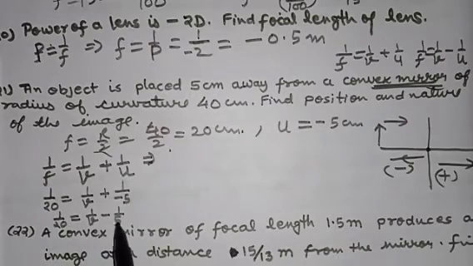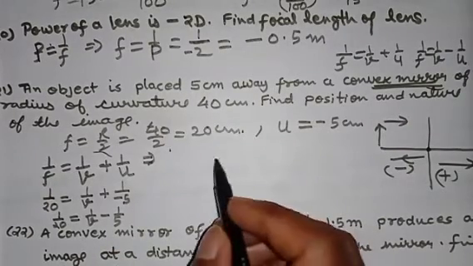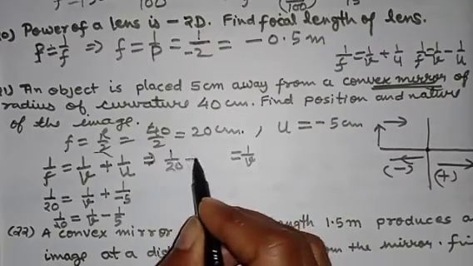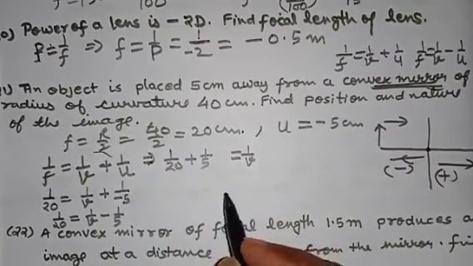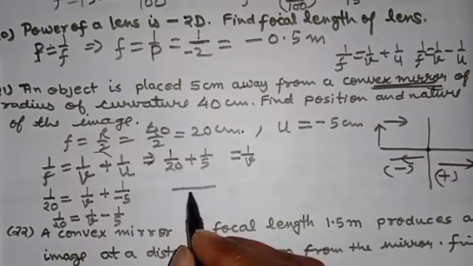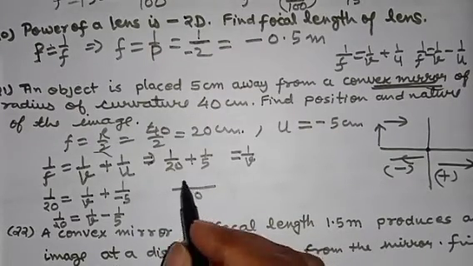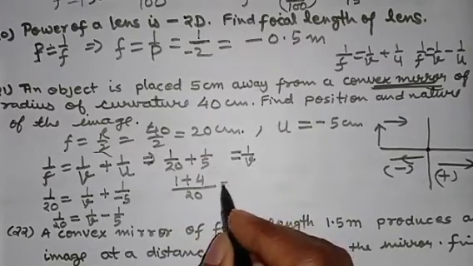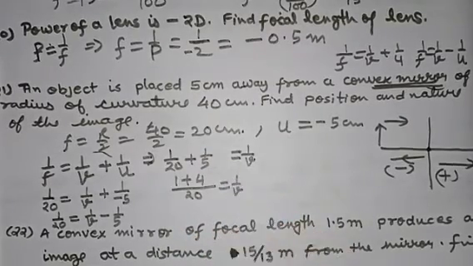And now this 1 by 5 we will take to the other side, so it will be 1 by v equals 1 by 20 plus 1 by 5. And now we'll take the LCM for that: 20 is the common denominator, 21 plus, this arithmetic part I'm not going to explain.